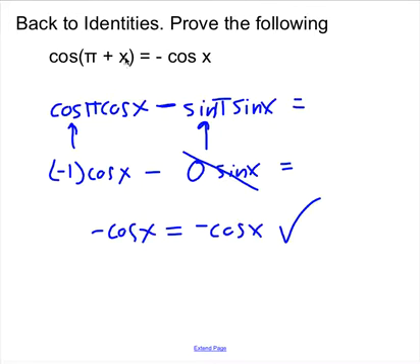Right, so it might have looked strange at first, but this is angle addition. This is a sum of two angles.